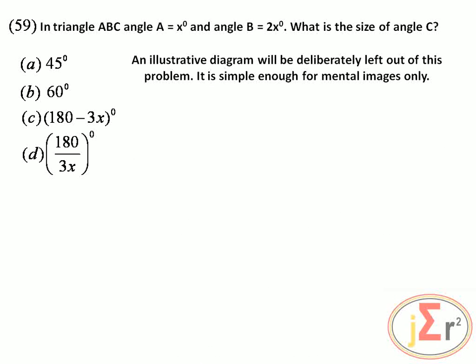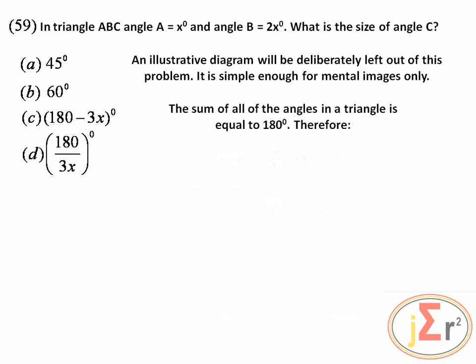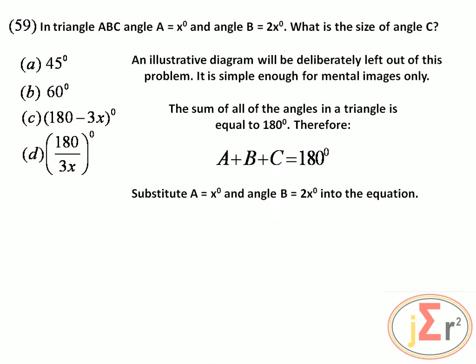An illustrative diagram will be deliberately left out of this problem. It is simple enough for mental images only. The sum of all angles in a triangle is equal to 180 degrees. Therefore, when we add A, B and C, the result is 180 degrees. Substitute A is x degrees and B is 2x degrees.